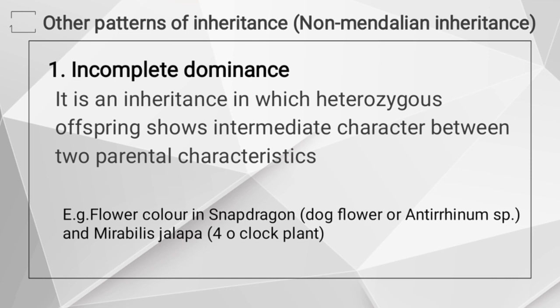For example, flower color of snapdragon, or dog flower plant, and flower color in Mirabilis jalapa, or four o'clock plant. In your textbook, they have given the example of flower color in snapdragon.